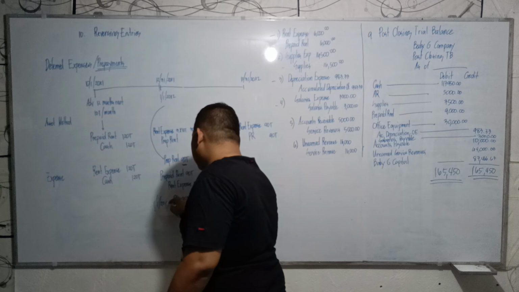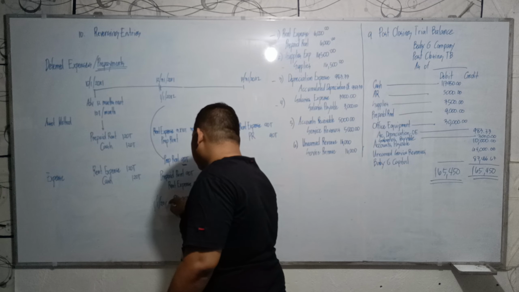Again, the pattern for expense method, recognize the expense immediately. Alright? And then at the end of the year, you have to adjust for the unexpired portion. Okay? But on year 2, it did not happen. Why? Because we have the prepaid rent already at the very beginning.